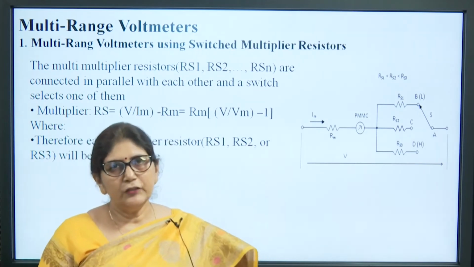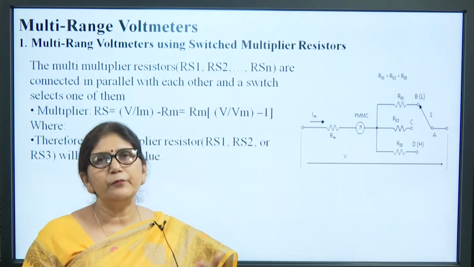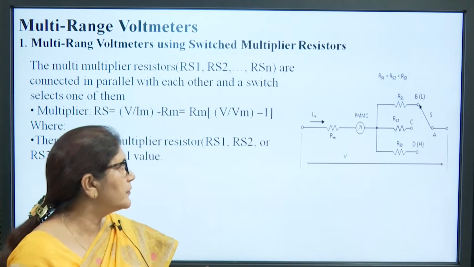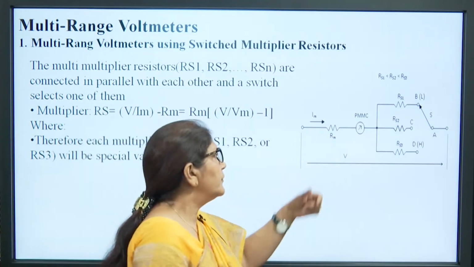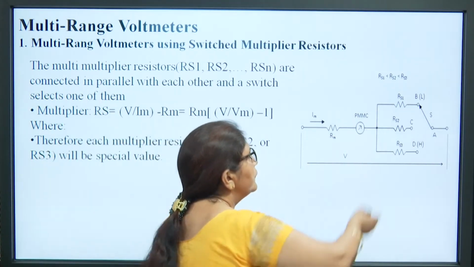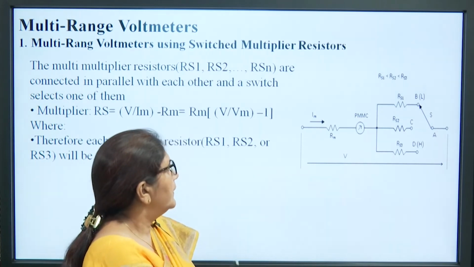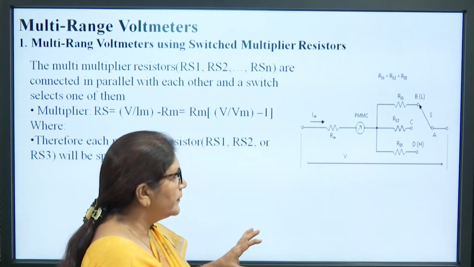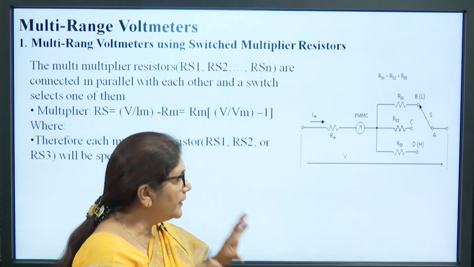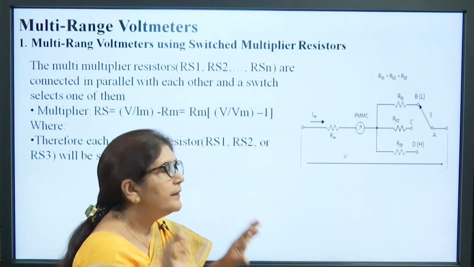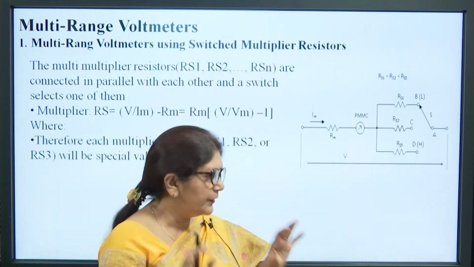Again, a multi-range voltmeter with switched multiplier resistors. Here we use a parallel combination of resistances, and as we know, in a voltmeter the resistance value should be very high. If the value is high, then it will measure high voltage.